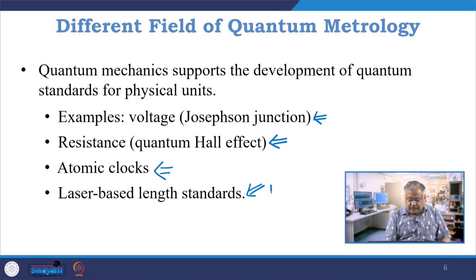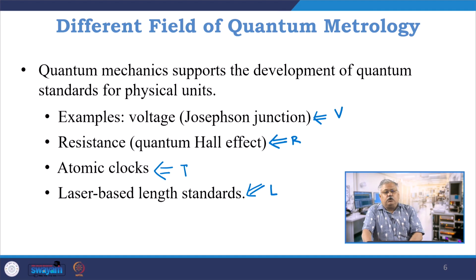So, this is for the length, this is for the resistance, this is for the voltage, and this is for the time domain. The basic units in the SI system, which are voltage, resistance, time or length, need to be converted into corresponding quantum mechanical standards, which should remain stable for the whole domain of measurement, the time domain of measurement.